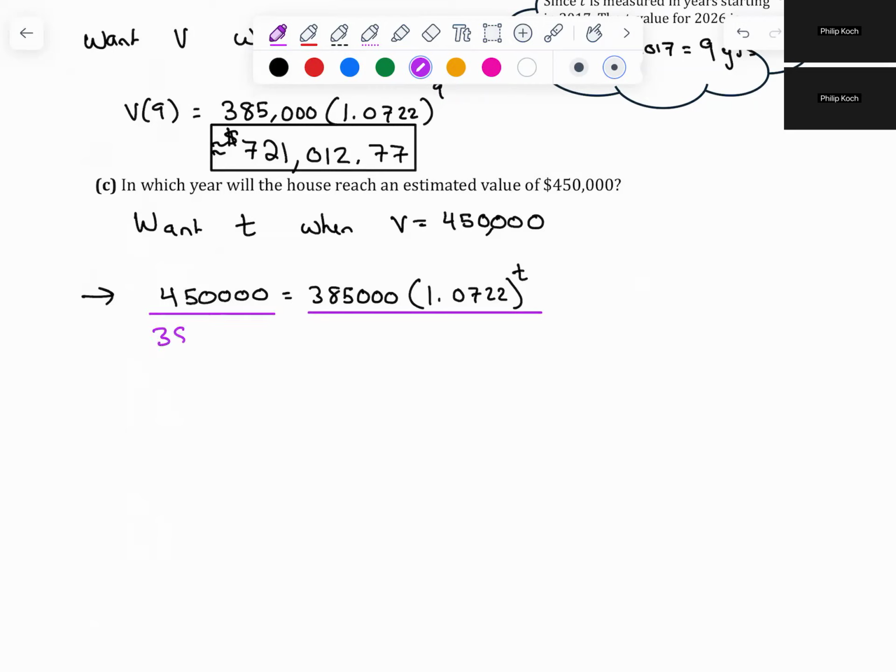Not a pretty number, but it's a number nonetheless. That cancels it on the right-hand side. 450,000 divided by 385,000, I get 90 over 77. I recommend just writing it as a reduced fraction. Don't write an approximation, because these things get really messed up by approximations. So this reduces to 90 over 77 equals 1.0722 raised to the t.